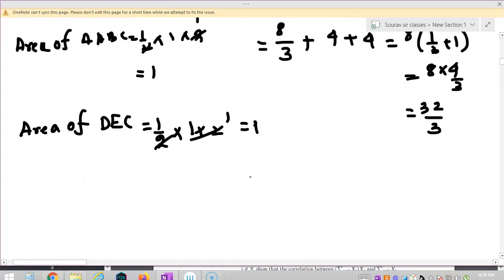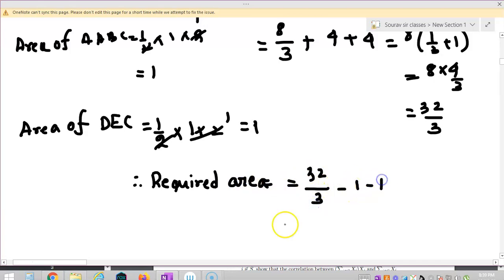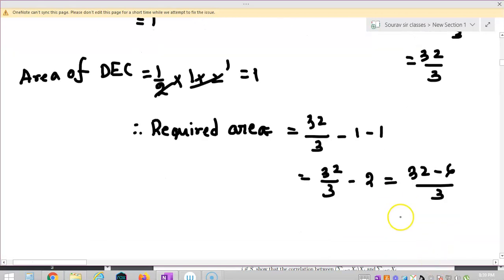Therefore the required area is equal to 32 by 3 minus 1 minus 1, so 32 by 3 minus 2, which is 32 minus 6 by 3, so it will be 26 by 3. So this is our answer.